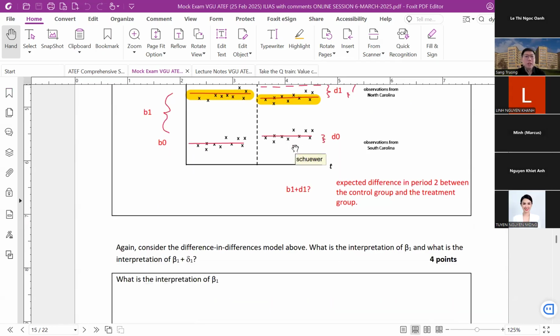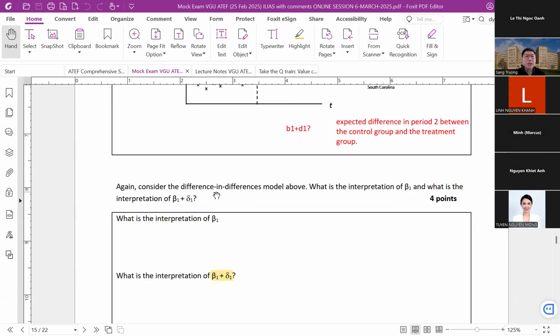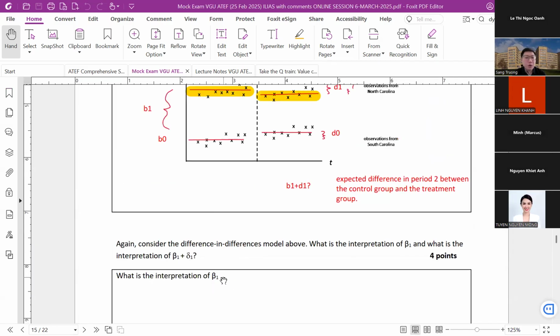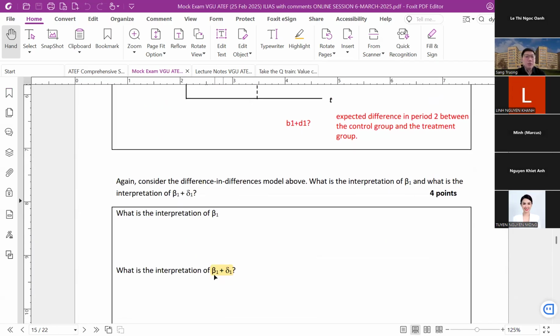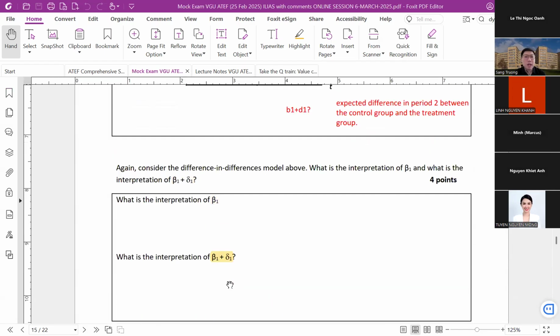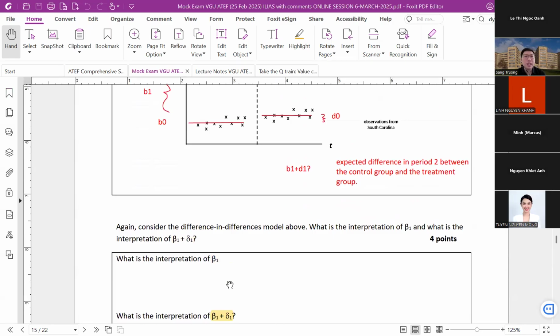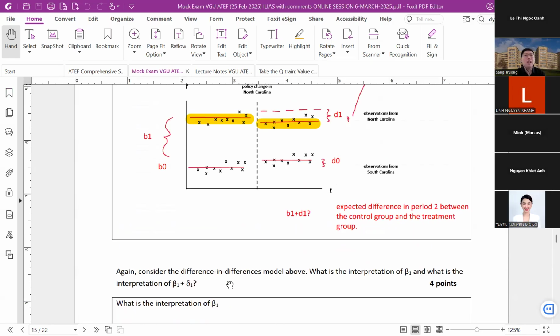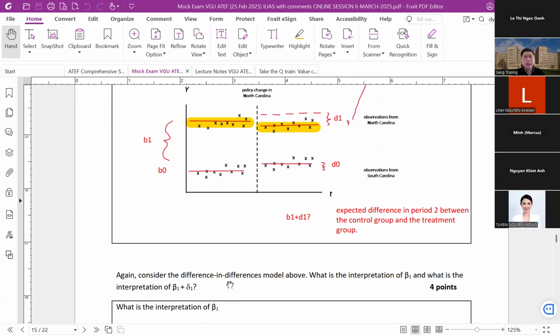So how should we interpret the results, or the coefficients of beta 0, beta 1, beta 1 plus delta 1, something like that, right? So that's what I want you to understand, and you should be able to write from your understanding. No need to memorize.